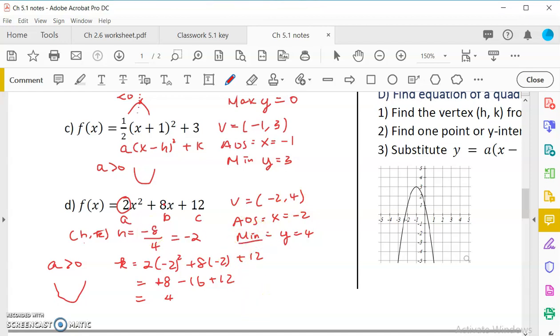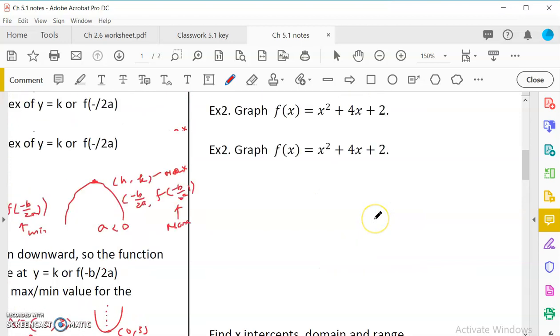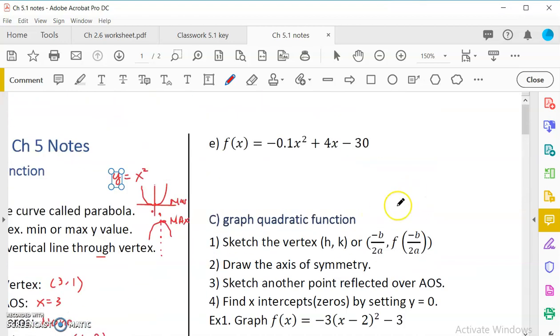Okay. Do I have another example? So let's see, one more example. Is this a vertex form? No, I see x by itself. So this is a, b, c again. c is negative 30. We usually do not use this to find the vertex. So the vertex is (h, k).